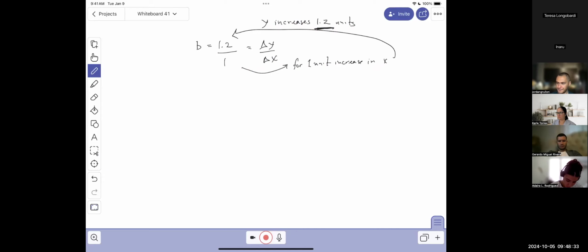So in our case, for a 1 unit increase, you could say for each additional millimeter, you can say y.